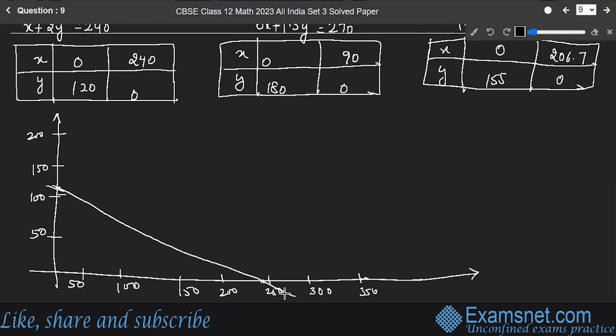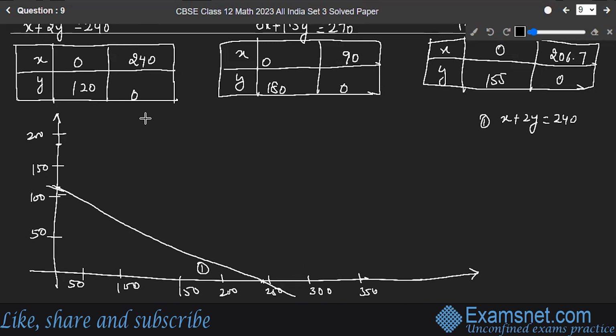This is the first line. Let's say this is number 1. So number 1 is x plus 2y is equal to 240. Second, 0, 180, will be around here somewhere.